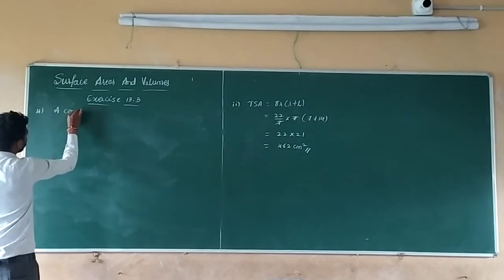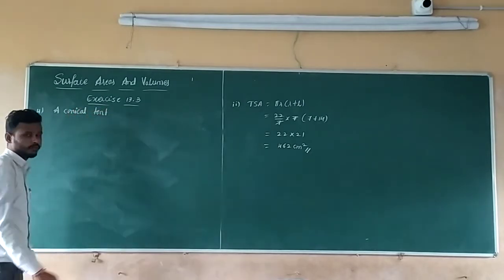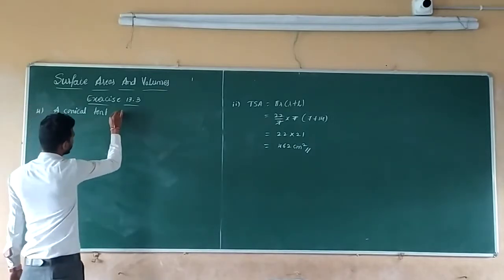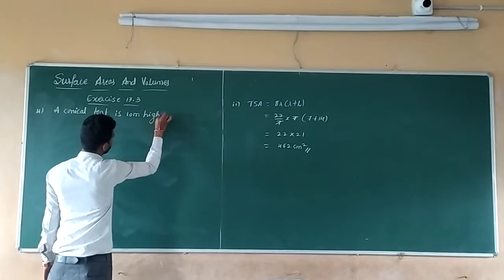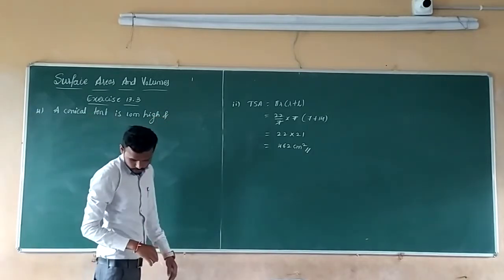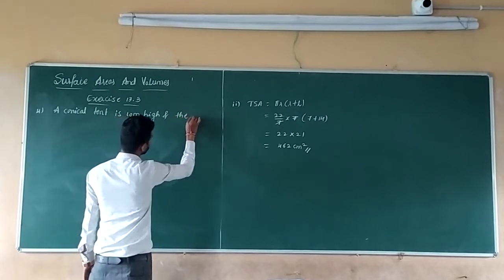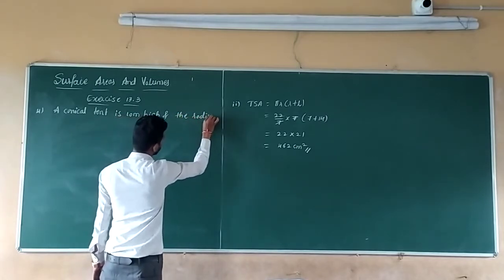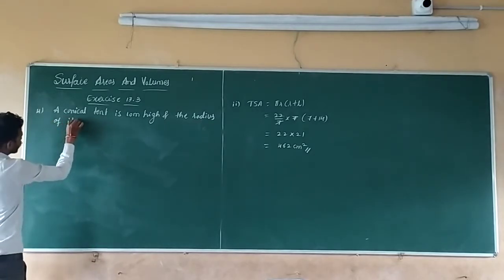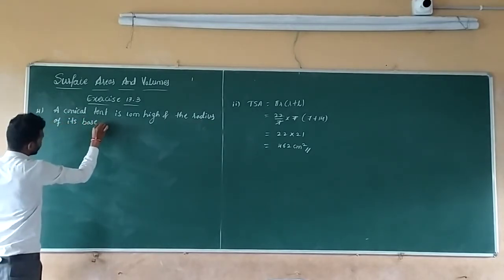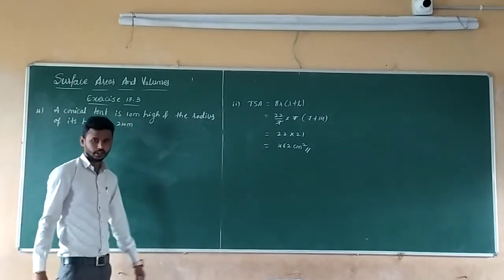A conical tent means it is in the shape of a cone. The tent is 10 meters high and the radius of its base is 24 meters.